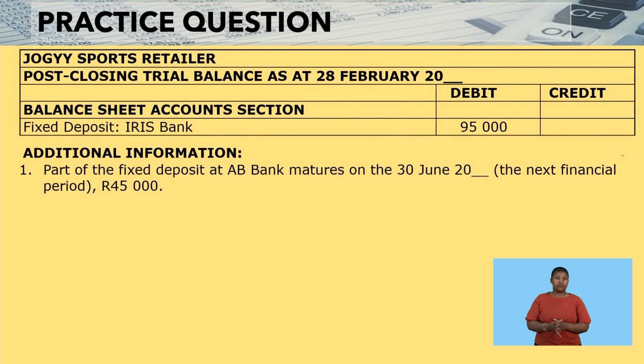443,150. Then, a part of the fixed deposit at AB Bank matures on 30 June. All right, so remember the financial year must end in February. Then just after February, March, April, May, June, in 4 months' time, the fixed deposit is going to mature. So it's maturing within 12 months because it's maturing after 4 months.